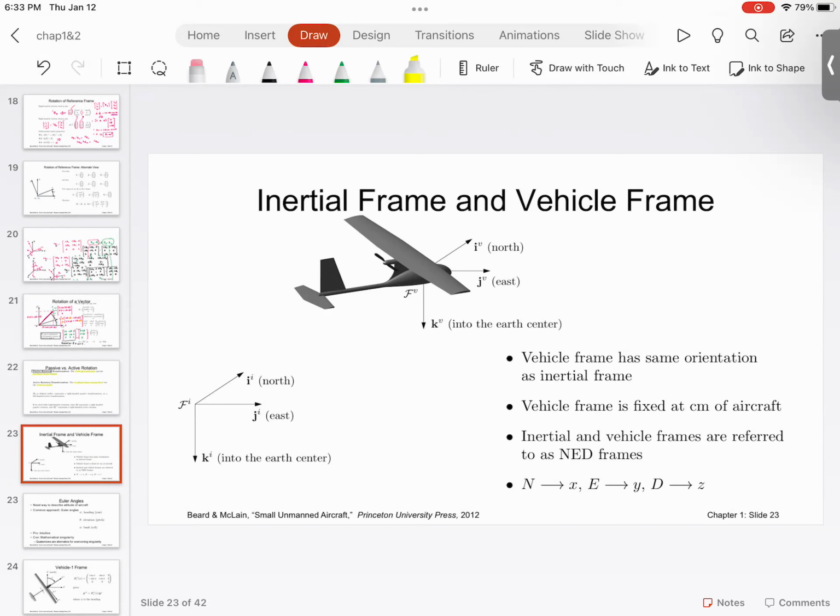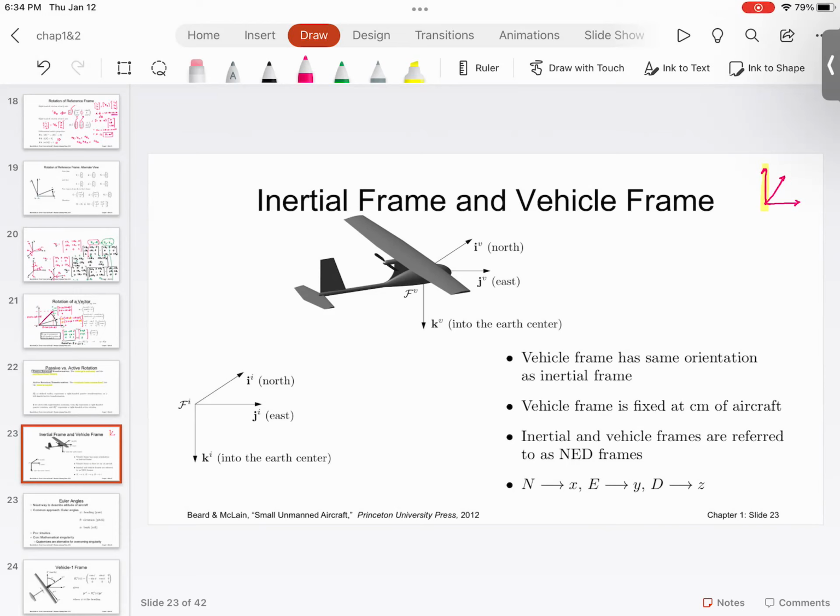So the triad, if you look at the robotics one, we always started with something like maybe Z going up, one going like this, something going like that. But in aircraft or spacecraft dynamics, we always use north, east, and down, which means the vector k is always going down.